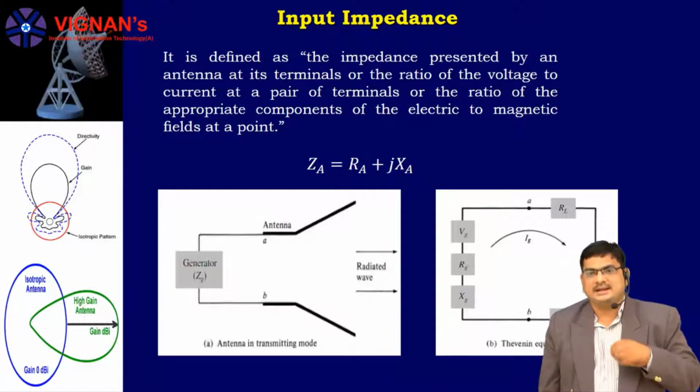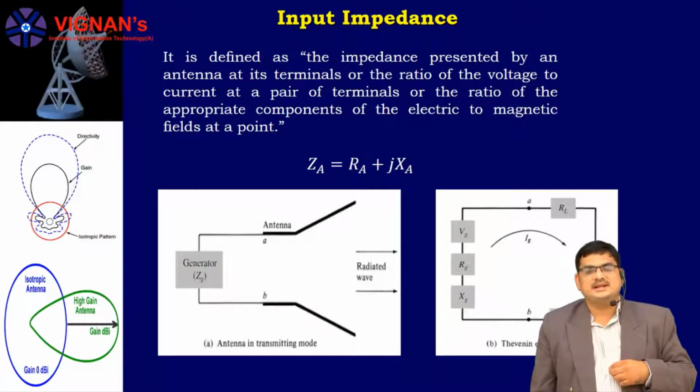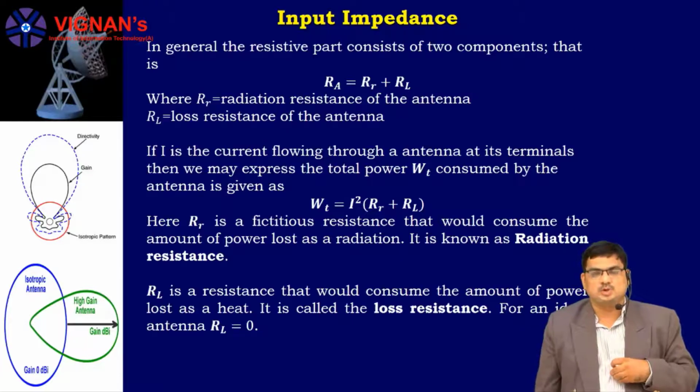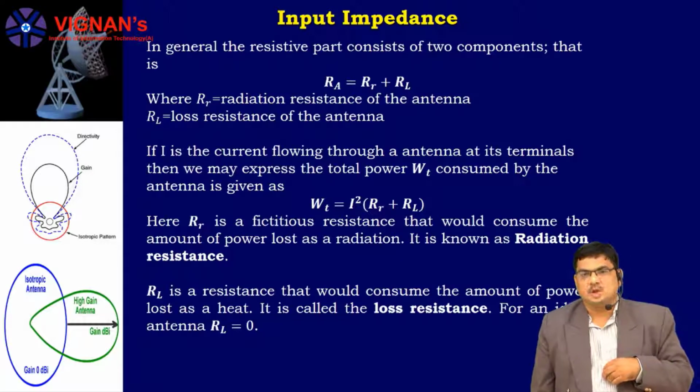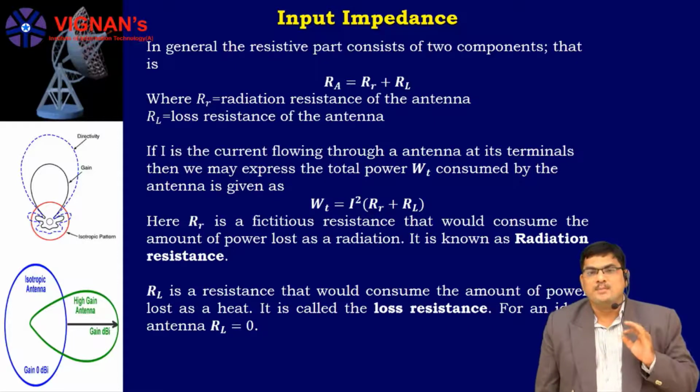So this is the reactive term. We know that the total resistance of any antenna is the radiation resistance plus the loss resistance. These losses are because of ohmic losses, conductive losses, or dielectric losses.